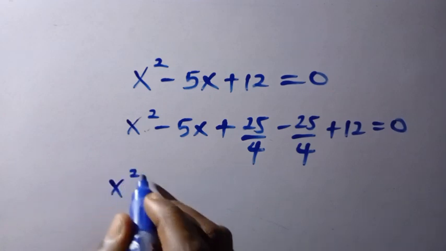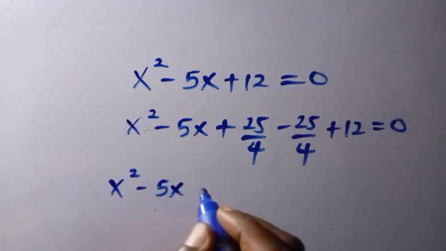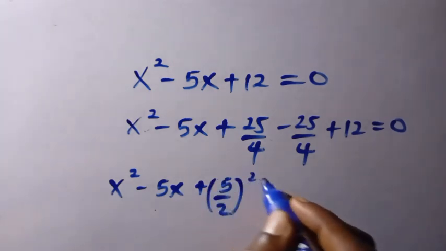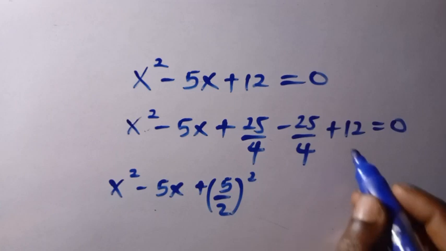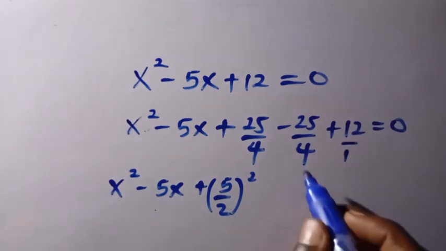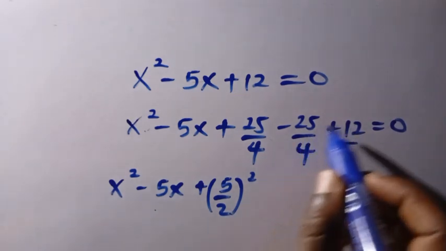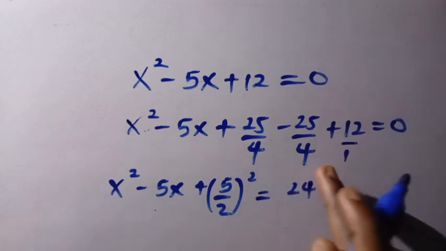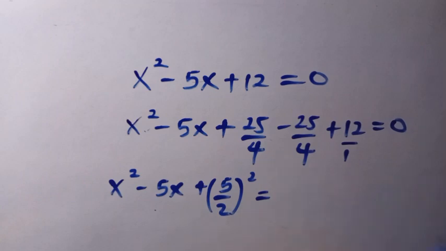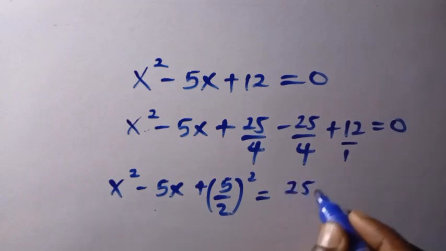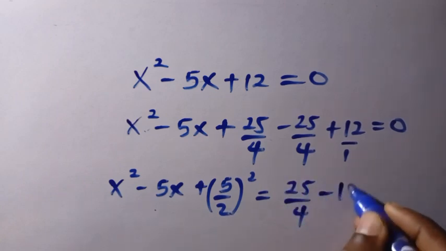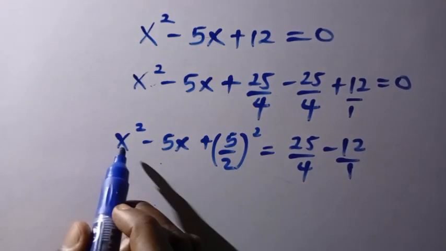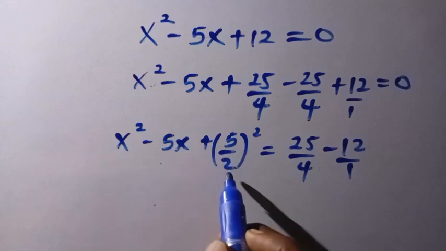Then we combine this as x squared minus 5x plus 5 over 2 squared. Then we transfer the rest here, and this becomes 25 over 4 minus 12 divided by 1.